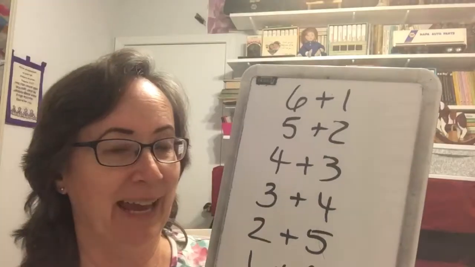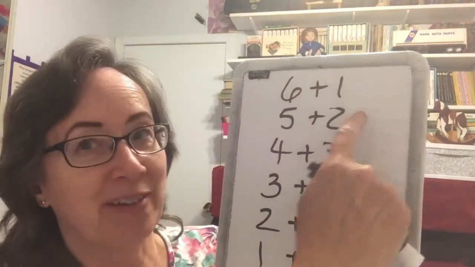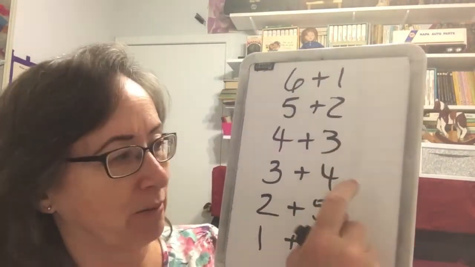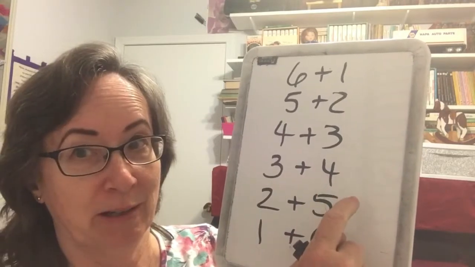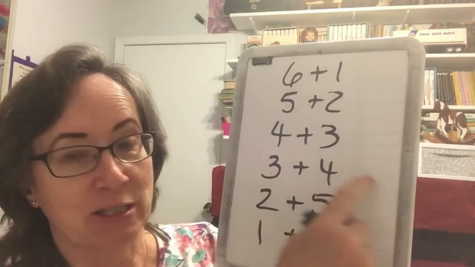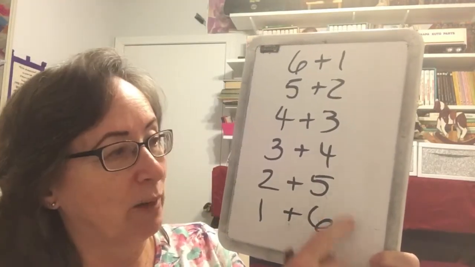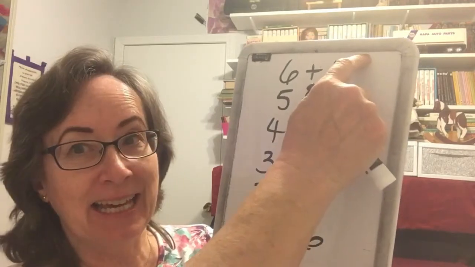I counted the 6 ways and put them on the board. 6 plus 1, 5 plus 2, 4 plus 3, 3 plus 4, 2 plus 5, 1 plus 6. Remember, this is the first die and this is the second one. 1, 2, 3, 4, 5, 6 ways to get a 7.